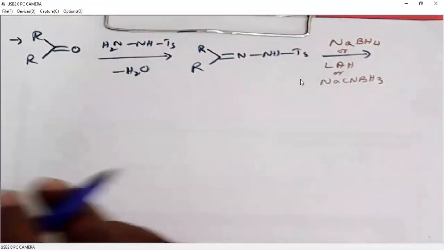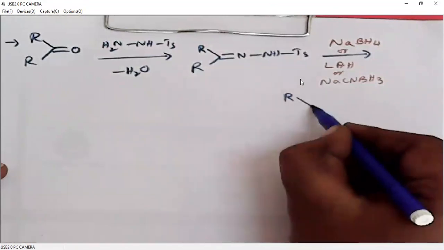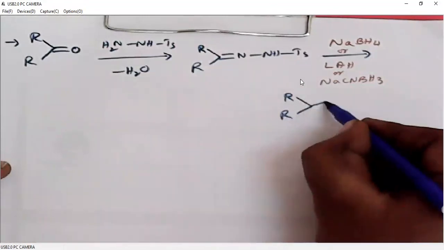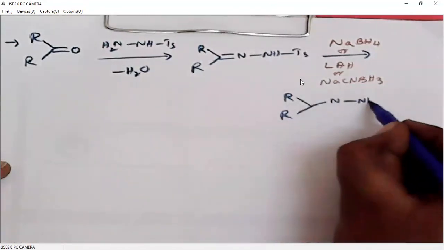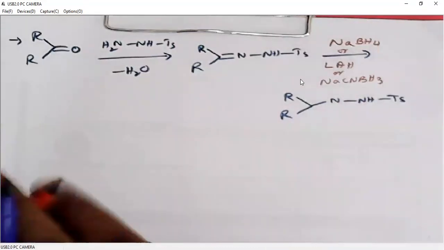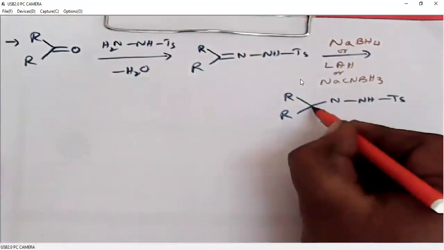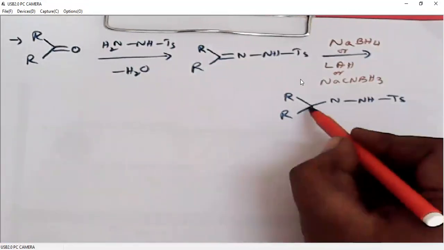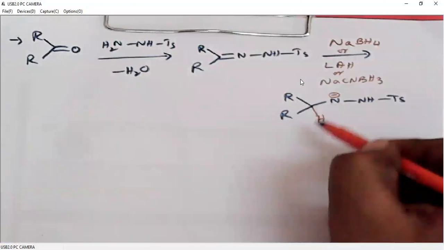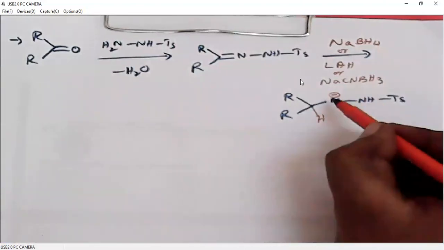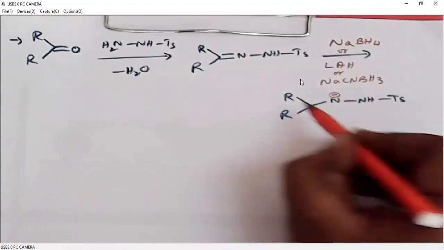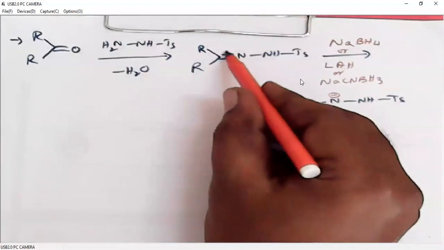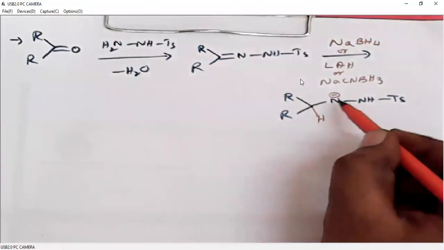Now when we reduce it, a hydride addition will occur. So hydride will add to carbon, then nitrogen will get the negative charge. This double bond will be polarized towards nitrogen to get a negative charge.